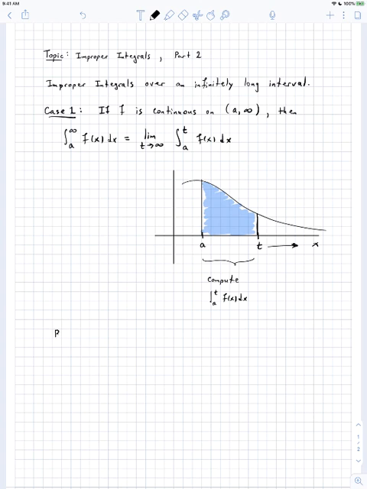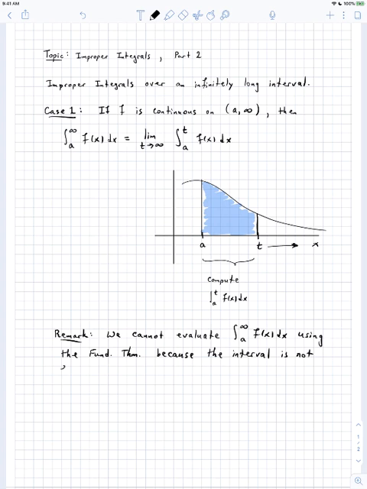So the remark that we want to make is that we cannot evaluate the integral from a to infinity of f of x dx using the fundamental theorem, because the interval is infinite, or is not finite in length.